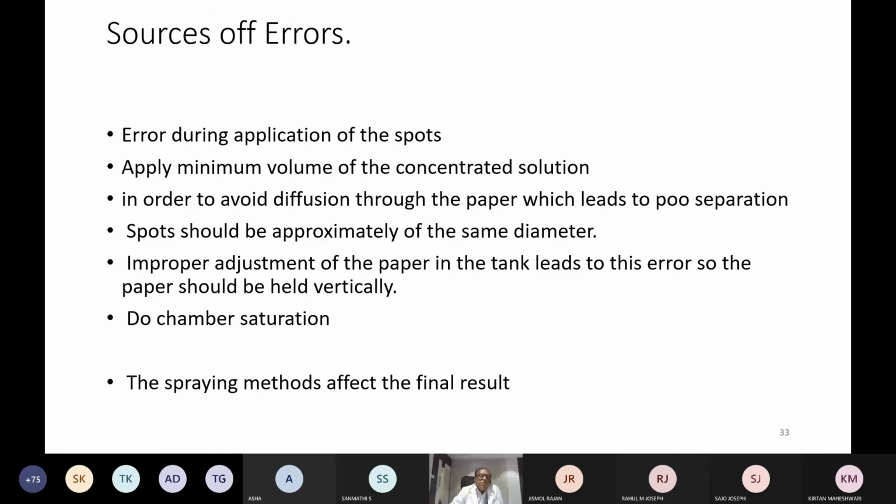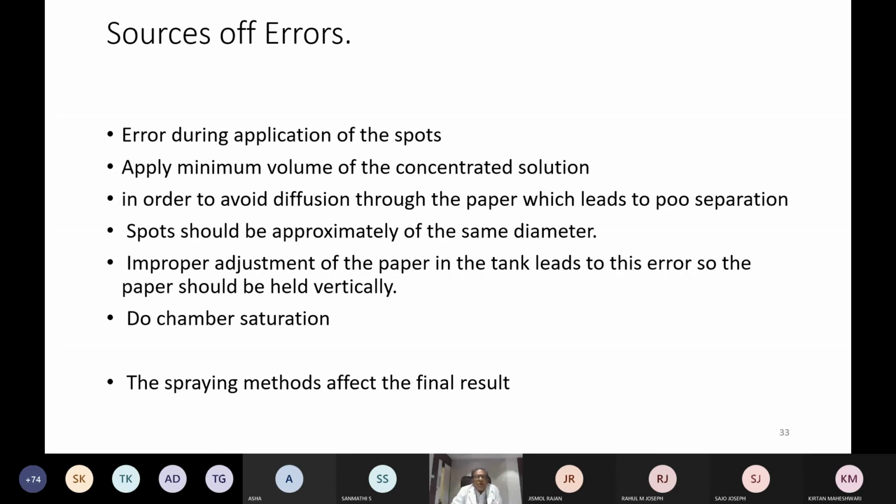They may put them very close to each other, the first and second sample, so that the migration of these amino acids after some time can get mixed with each other, and there will be overlapping of the color spots and you will be unable to find out. We have to apply a minimum volume and concentration, and even if you spot more than 5 microliters of the sample, that will also be problematic.